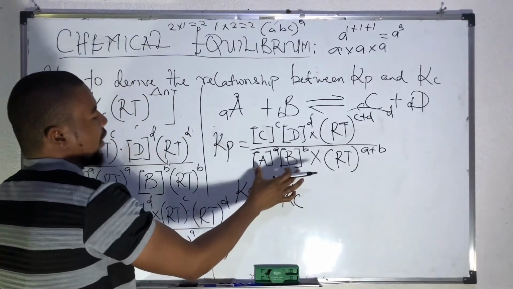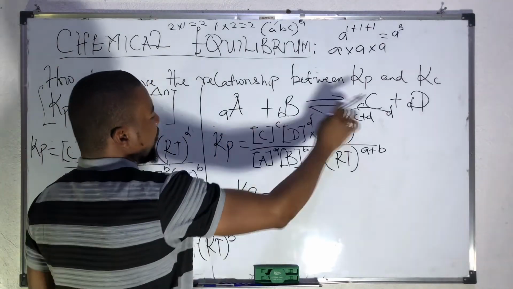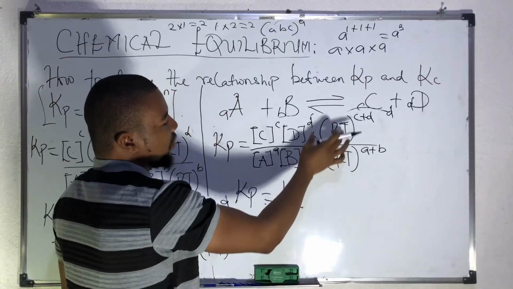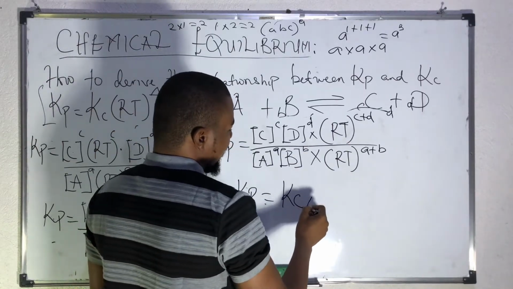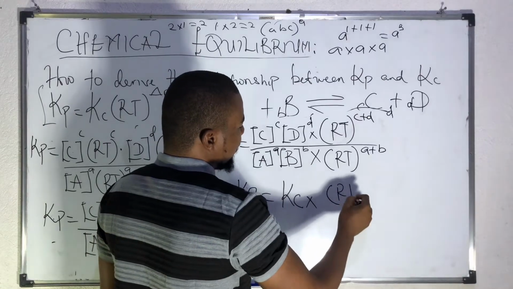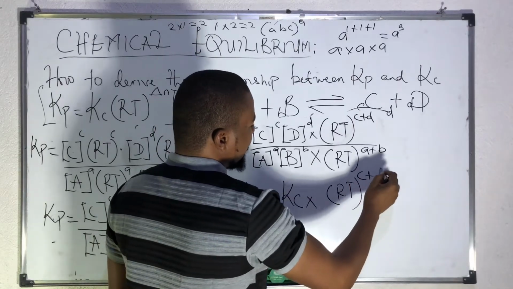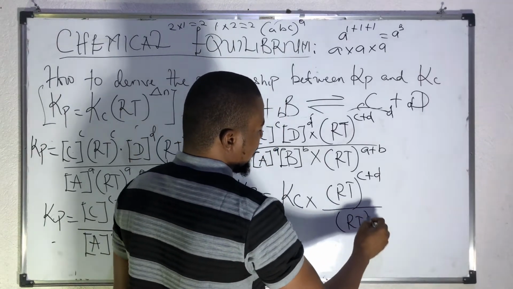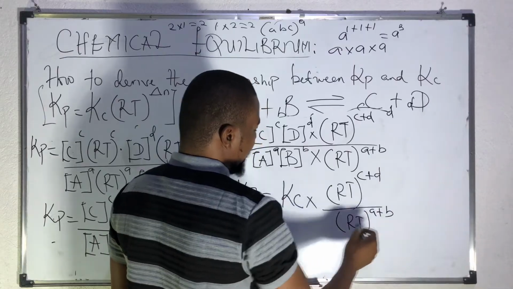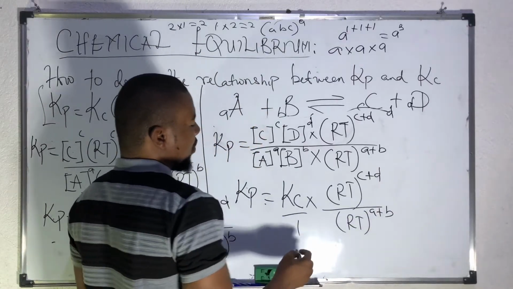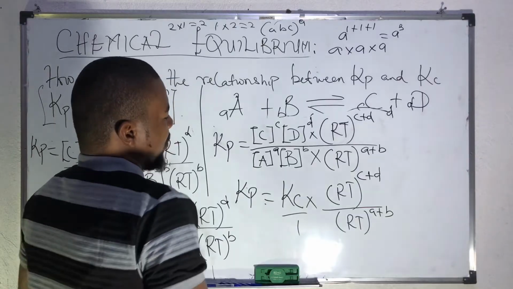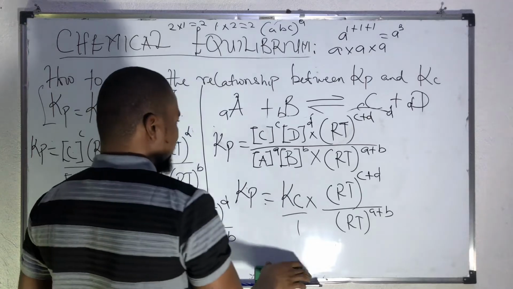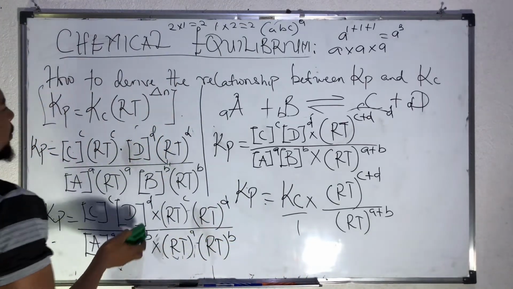Remember that this is the Kc expression for this very reaction, which is at equilibrium. Now, this is also multiplying with the two RTs, so we can say times RT raised to the power C plus D over RT raised to the power A plus B. Okay, we can say this is Kc over 1, so we've not changed anything yet. We only changed this expression, which is equal to Kc itself. Let's simplify it over here.